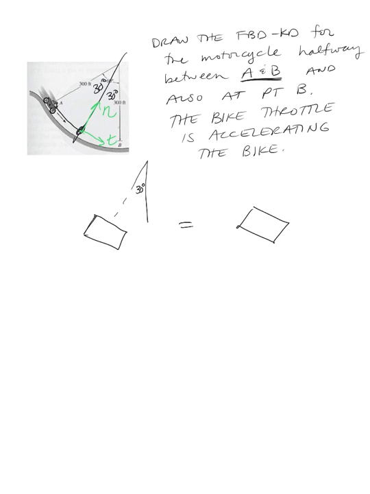So the normal tangential ends up working out very nicely. I've got the weight of the bike. I've got a normal force from the ground. And I also have the force of friction, which is what's accelerating the bike. We need to obviously put our coordinate system on here, T and N.